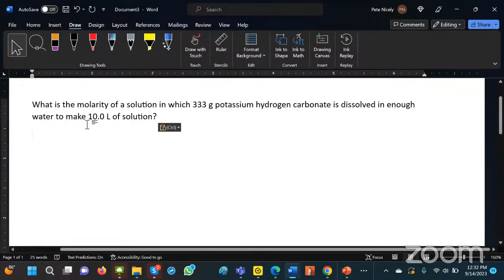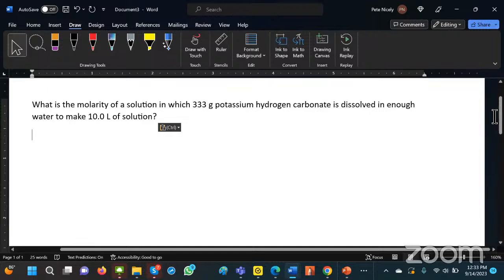Okay, so here's a question. What's the molarity of a solution in which 333 grams of potassium hydrogen carbonate is dissolved in enough water to make 10.0 liters of solution? Any ideas? How do we do this?